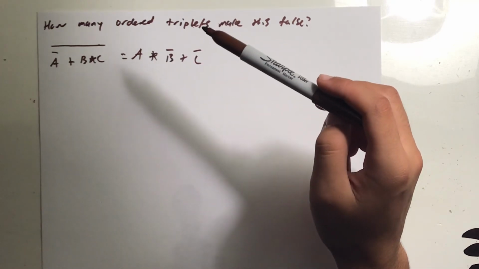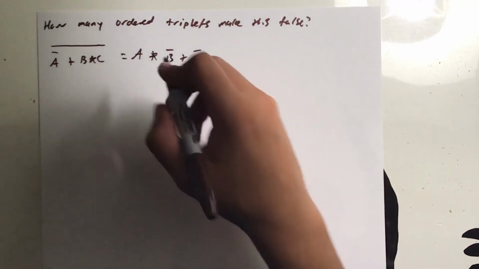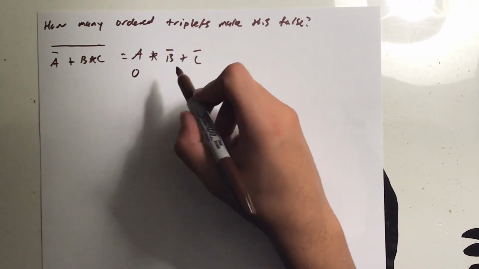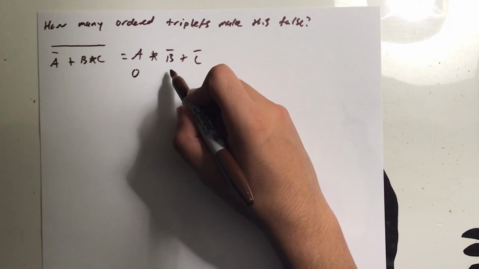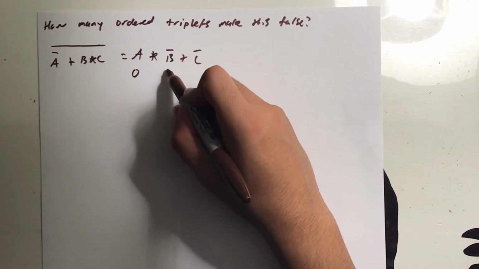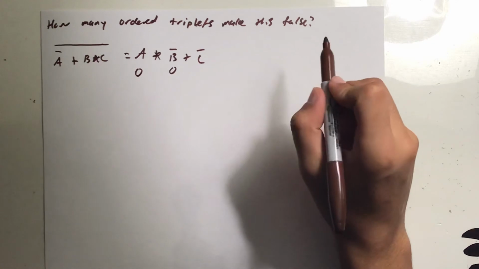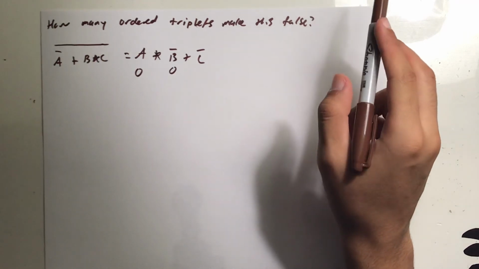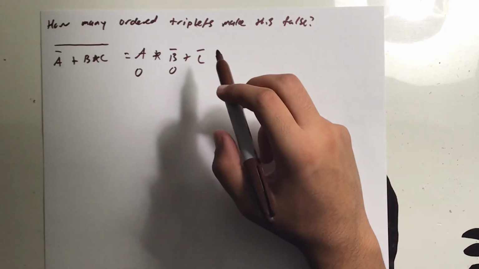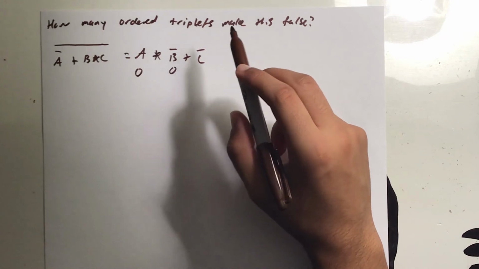How many Boolean expressions make this false? So let's see if we said that A was false. Well, it doesn't matter what B is, because regardless of whether B is false or true, the answer is still going to be false. So let's say B is false, right? What about C? In order to make this false, C has to be true.